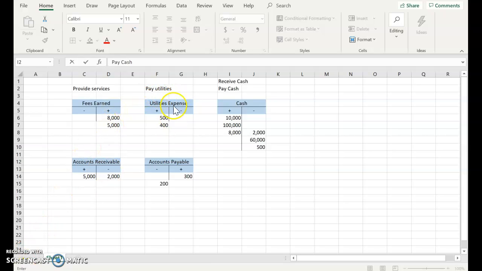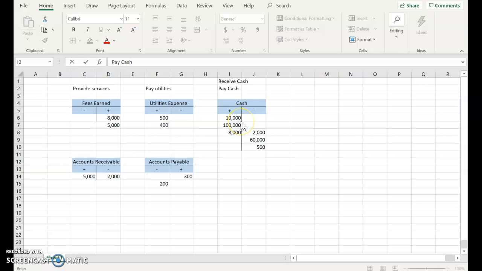When you look at utilities expense, the transaction is usually paid utilities. So utilities expense would go up, and expenses go up with the debit. So you'll only see debits for utilities expense or expenses.